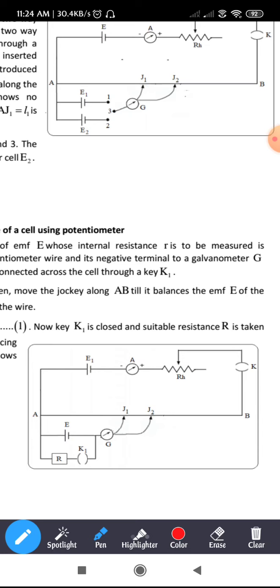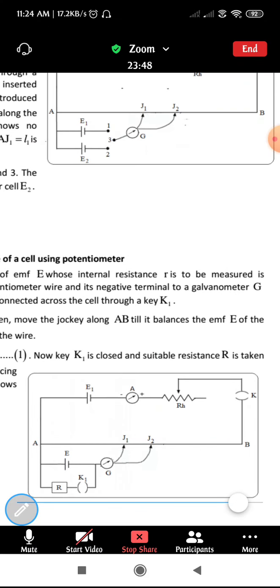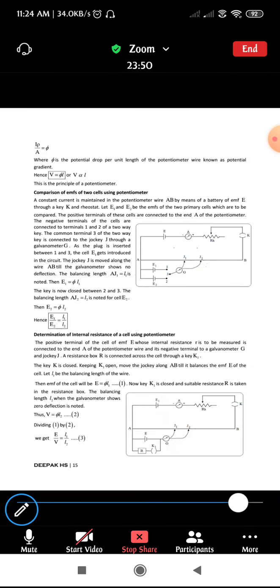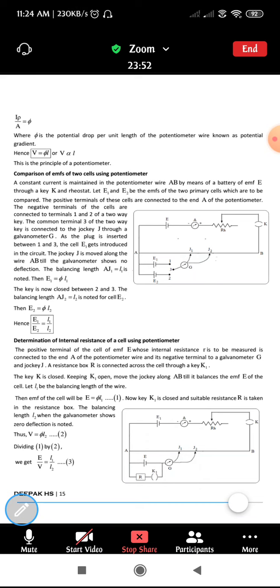Okay. So now see here, how we are going to find the internal resistance of the cell. Before that, I'll read out the theory part, then I'll come to the explanation. The positive terminal of the cell of EMF E, whose internal resistance r is to be measured, is connected to the end A of the potentiometer wire, and its negative terminal to a galvanometer and jockey J. A resistance box R is connected across the cell through a key K1.